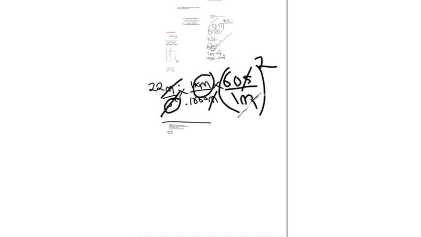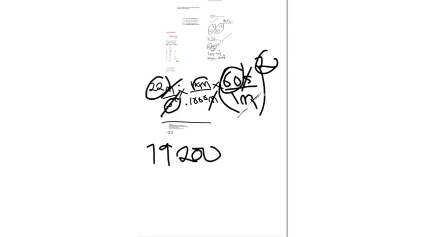So in this case we are going to multiply this 22 with 60 squared, and 60 squared is the same as 60 multiplied by 60. So 60 multiplied by 60 is 3600, multiplied by 22, we have 79,200 here. On top here we have kilometer, right? Then down there we have 1000 here, and this minute is squared, so it's minute squared.